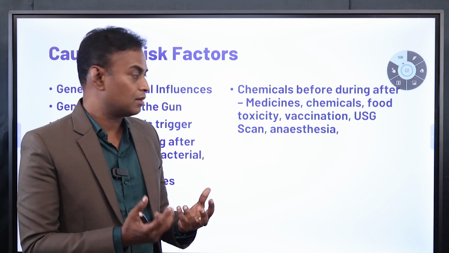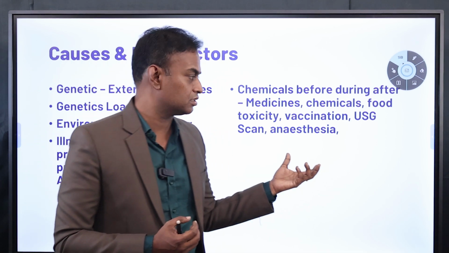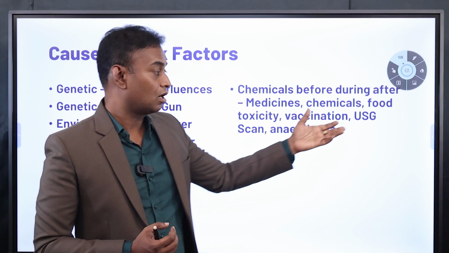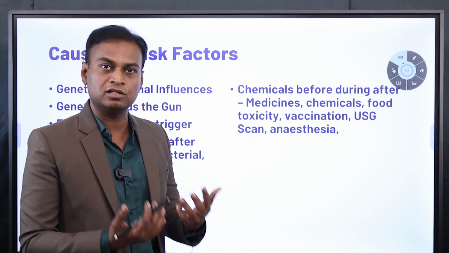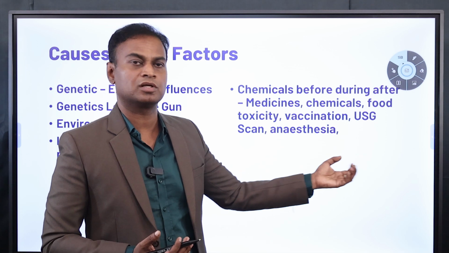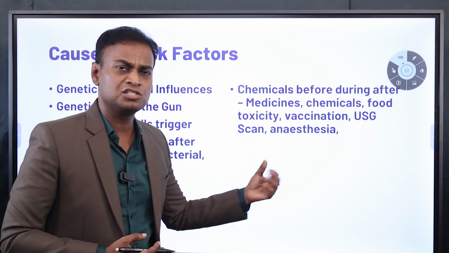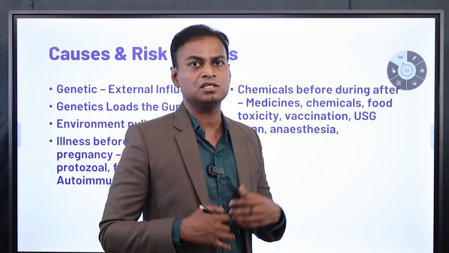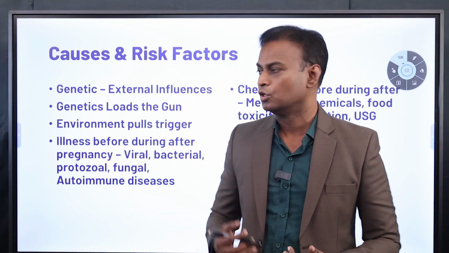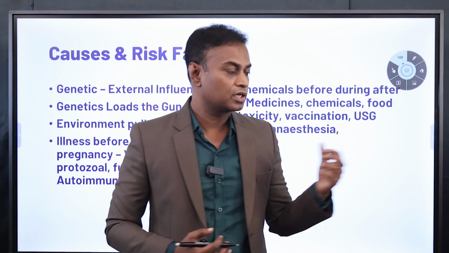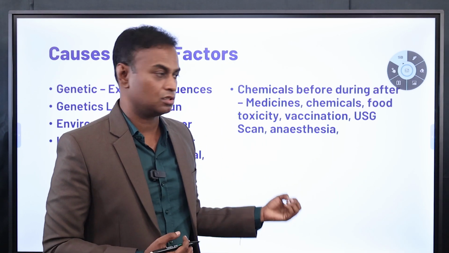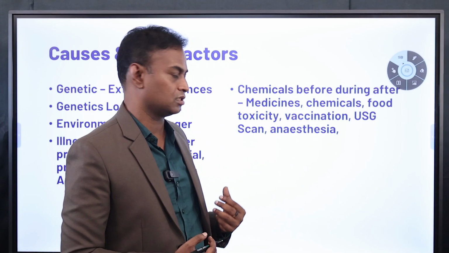There is ample support for that. Vaccination can cause genetic changes. Ultrasound can cause it. The ultrasound scan which you take during pregnancy may sometimes also cause these changes. Anesthesia given, there are a lot of chemicals. Any unnatural chemical you are exposed to, and sometimes natural chemicals too, can produce these epigenetic changes or new genetic changes we have discussed.